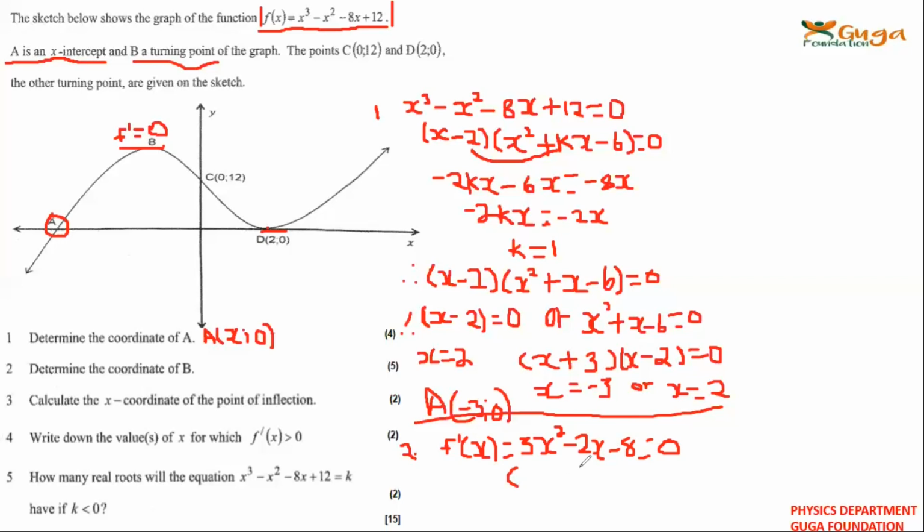to be one bracket and a bracket, and the brackets equal to 0. So now the factors here, it will be 3x, and here it will be x.